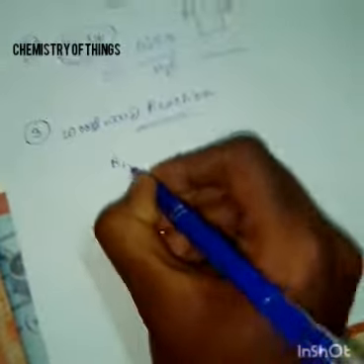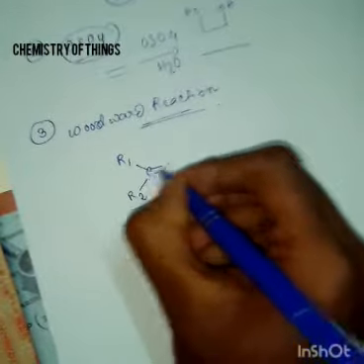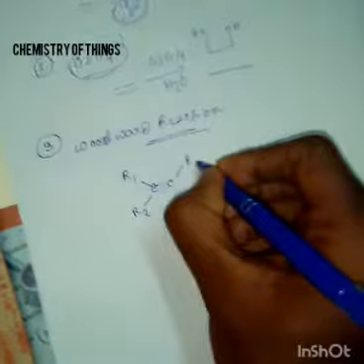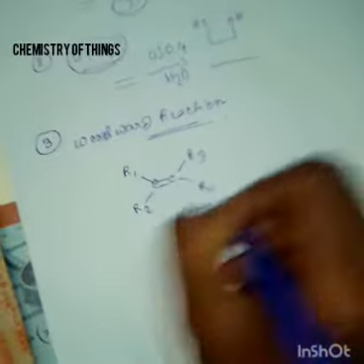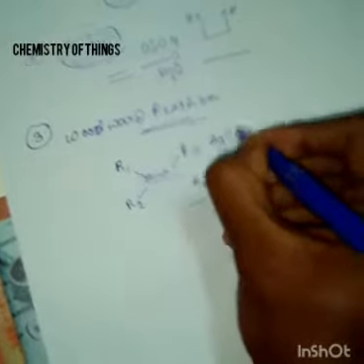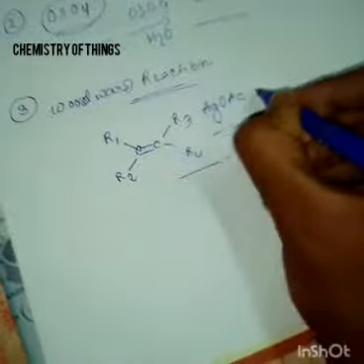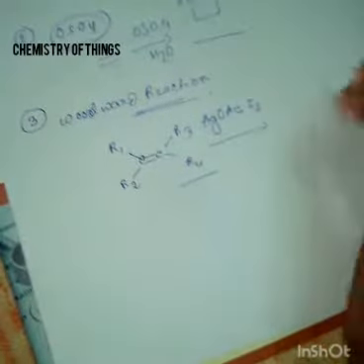We have 4 different kinds of alkyl groups attached like this. Then we have AgOAc. I want you to note this so we can later study them.